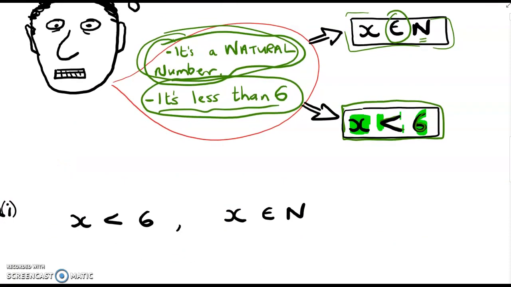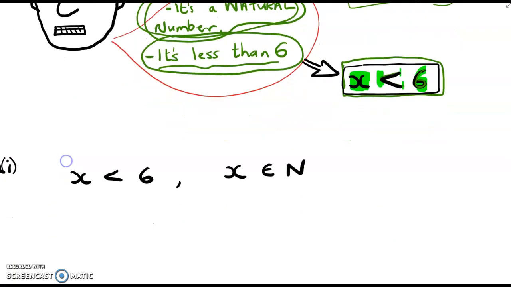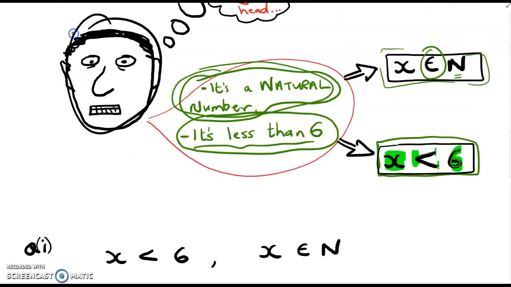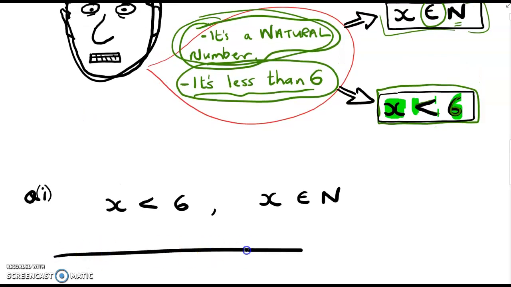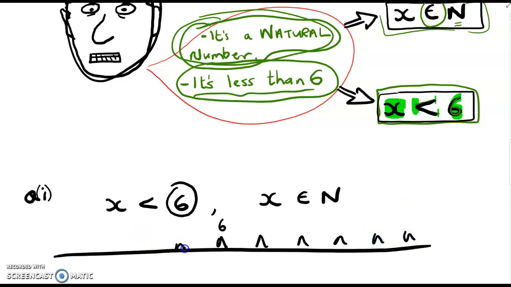Now can we represent this on a number line? How do we show what I've just said on a number line? Well, I draw my number line, and a nice idea is to put the number that they give you in the middle, 6, and build up from 6 and build down from 6.